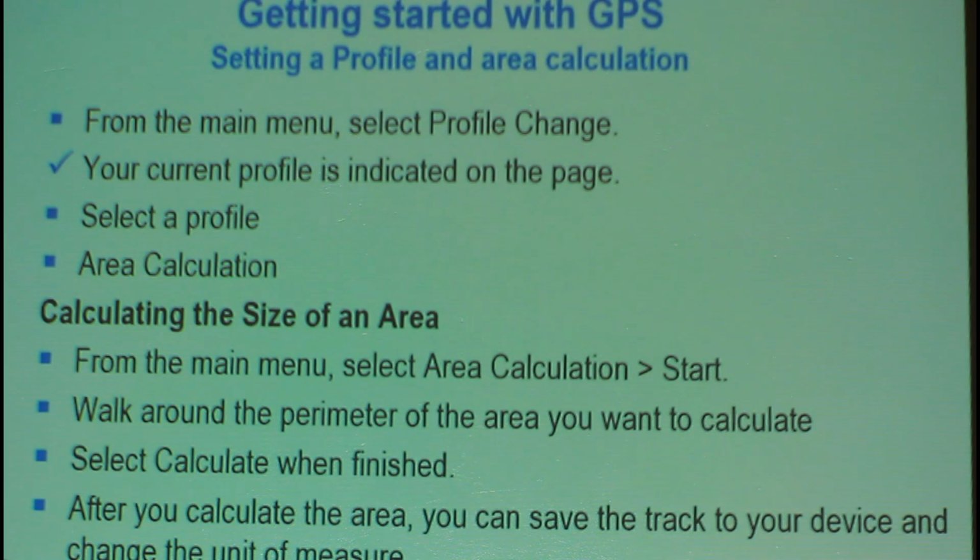So you move and rotate around the area of interest, and once you are finished moving around the area, you say calculate, and it will display the area in the units that are selected in the GPS. However, you can also change the units as you like. For example, if it gives square meters, you can change it to hectares, or to kilometers squared, as you wish.